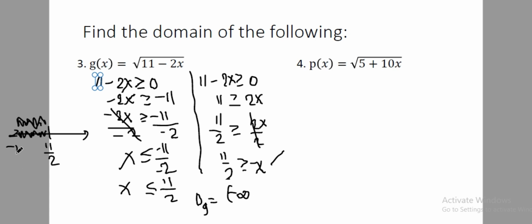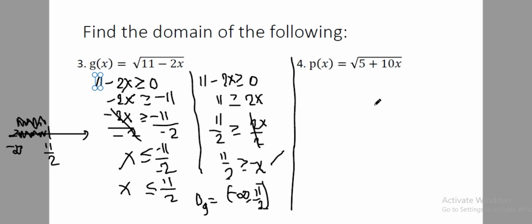Since this is negative infinity, we always start on the left side, from the smaller number, to 11 over 2, bracket. Okay, so negative infinity to 11 over 2.